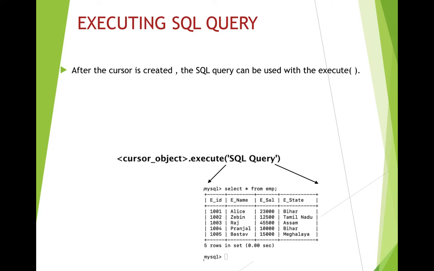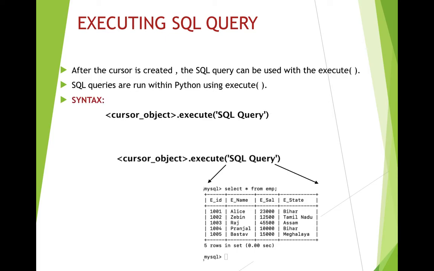Within the SQL query part, you can write any valid SQL query and it will trigger the computation with the help of SQL. So SQL queries are run within Python using the execute function. What is the syntax?